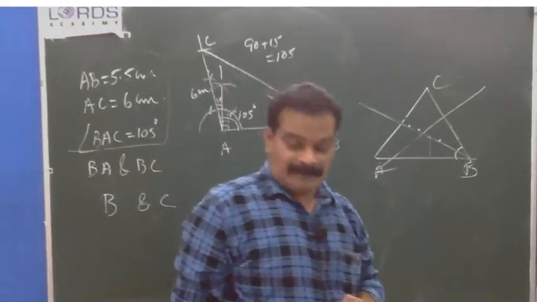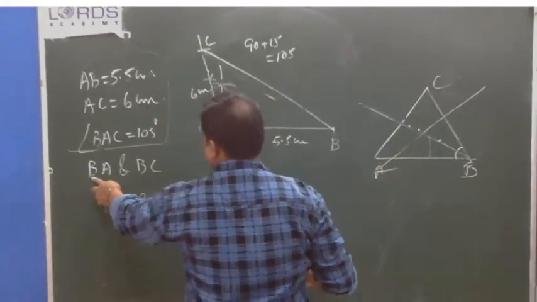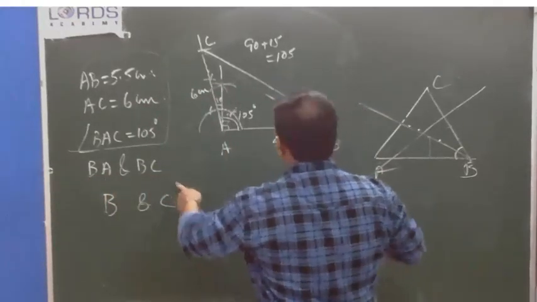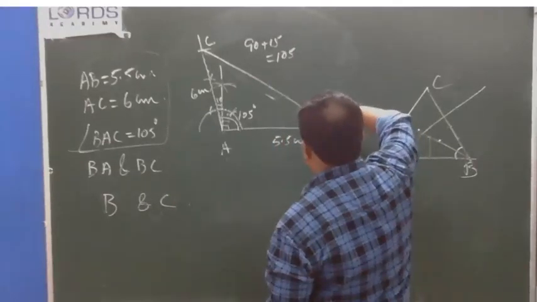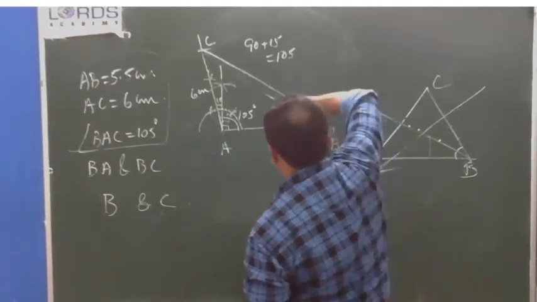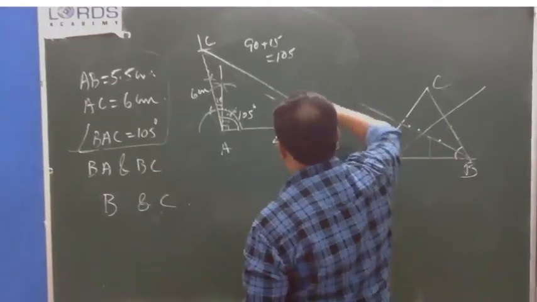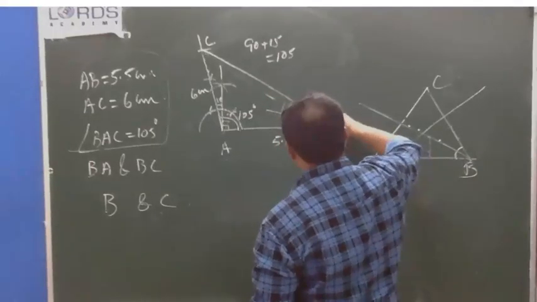First, construct the locus of points equidistant from BA and BC, which means you draw the angle bisector like that, and again draw this angle bisector and join this one.